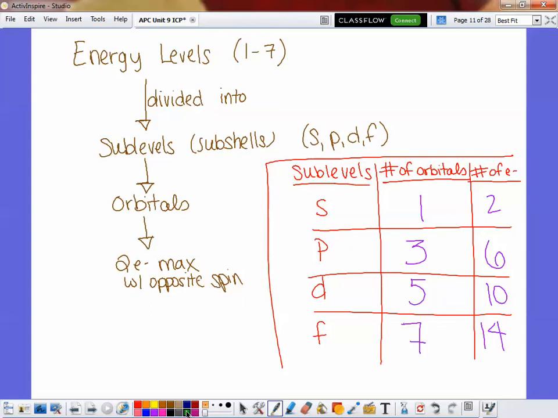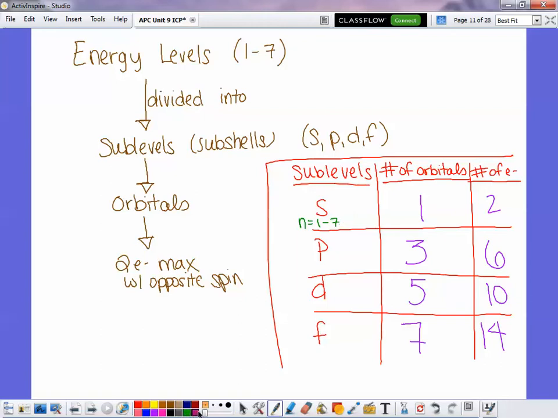The S sublevel is found on which energy levels? Yes, the first, the second. Always the third. Always all of them. They're going to be found on n equals 1 through 7. So the S sublevel is always the first sublevel that is filled for that energy level because it has the lowest energy.